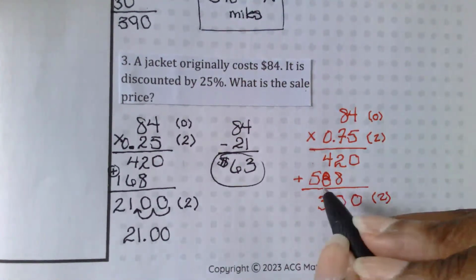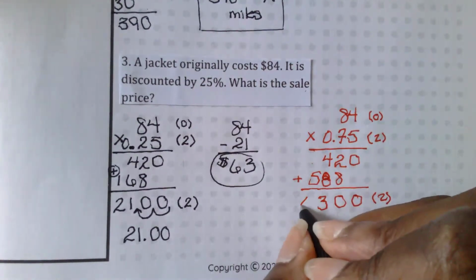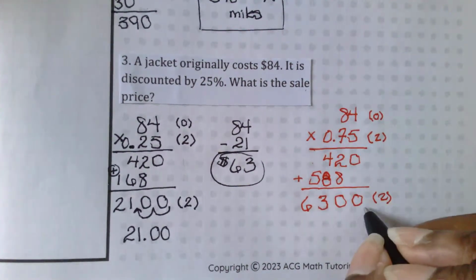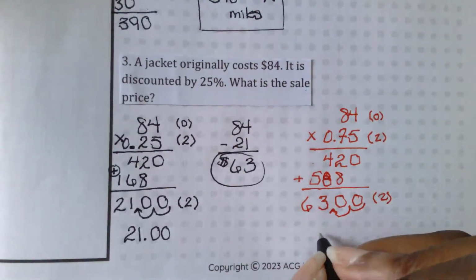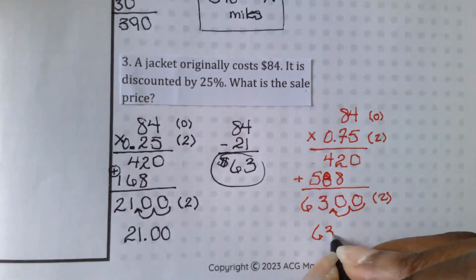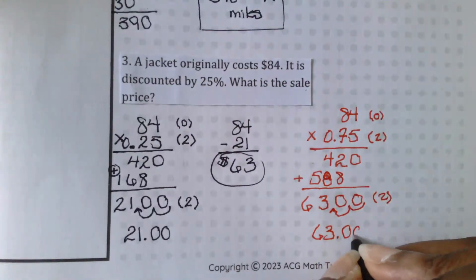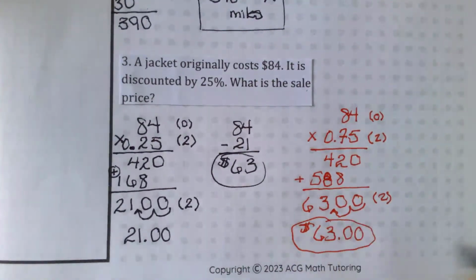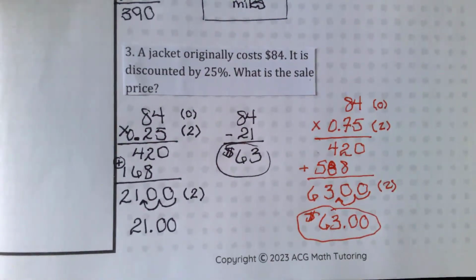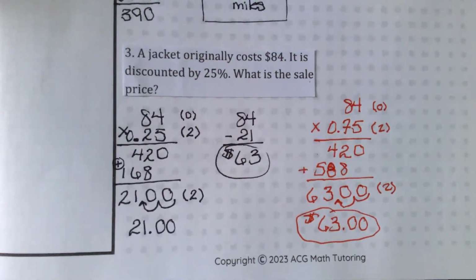Add the 1 to the 5 plus 1 gives us 6. And then we move it over 2 decimal places. What do you notice? You get the same answer.